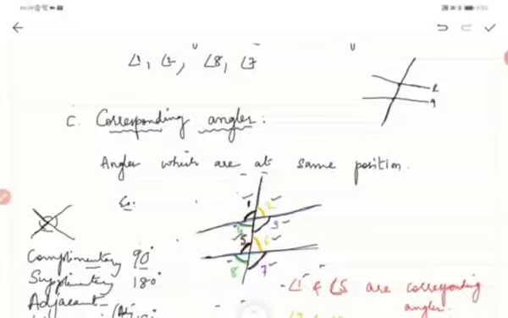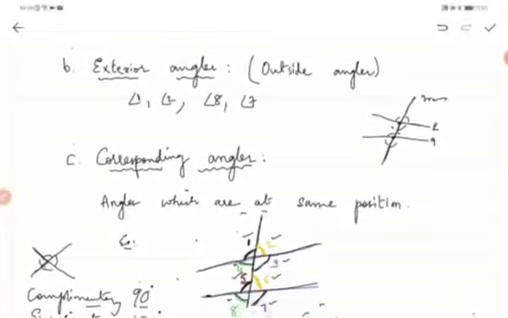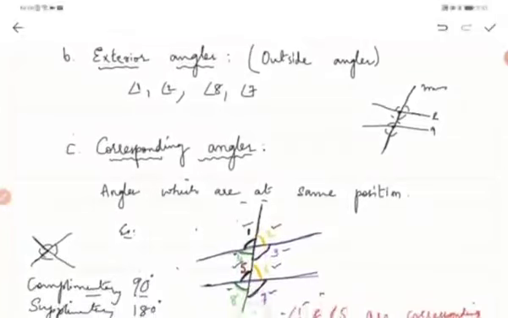So when this transversal line is passing, you have got many angles here, angle formation, isn't it? In these angle formations, you are going to get different types.